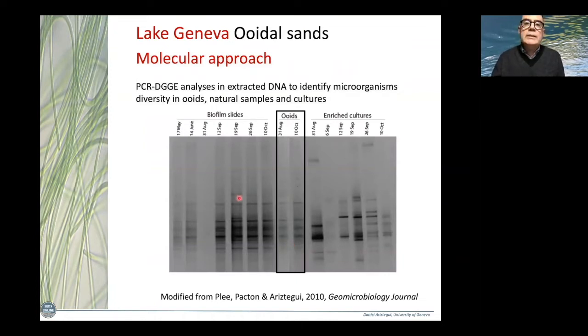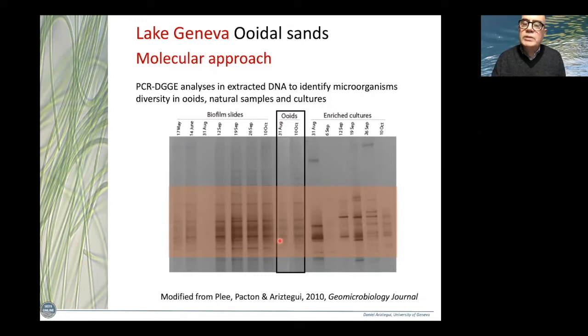And what you are seeing here are the biofilm slides in the natural experiment, the ooids, and the enriched cultures. And what you see there that I'm highlighting here is that in general, the distribution of these bands that actually correspond to these different genes, they are the same.